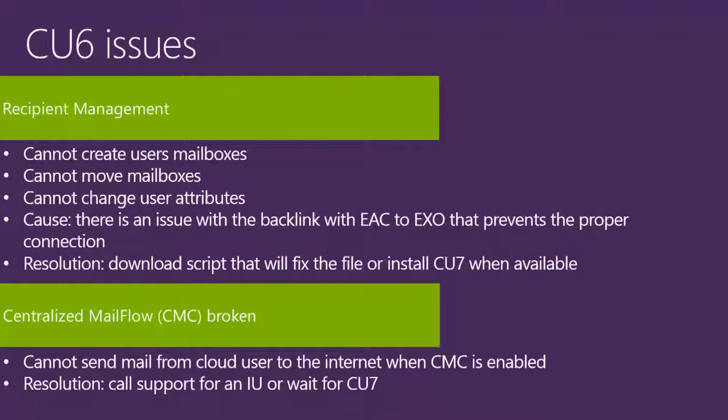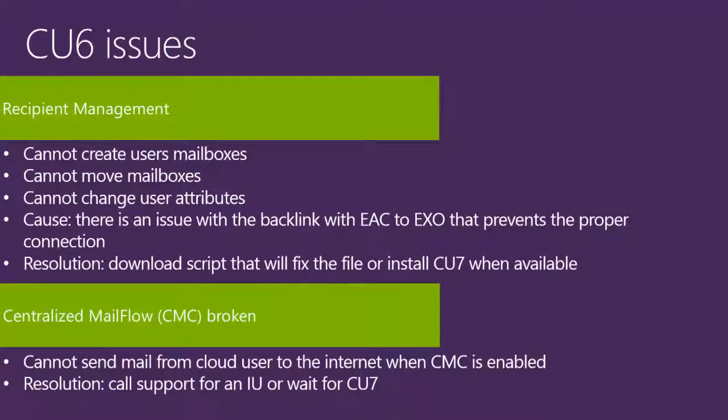Why would an organization do that? If you have regulatory requirements which tell you that everything that goes in and out of your organization needs to go through a specific process, that is why you would use it. Well, out of the box in CU6, it is broken. Users in Office 365 will not be able to send messages out to the internet, which kind of beats the purpose of having Exchange, I think.